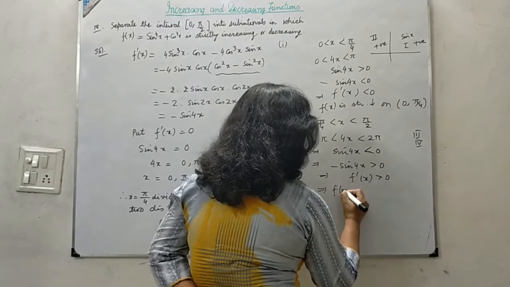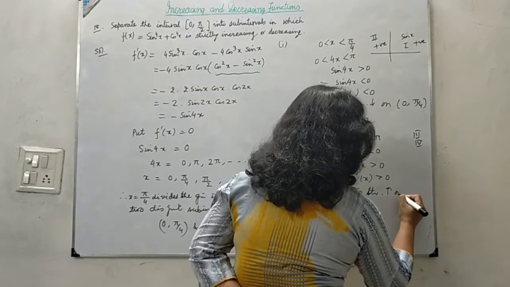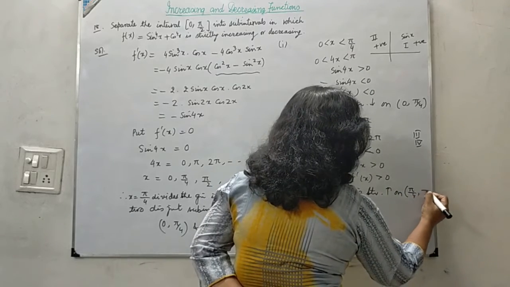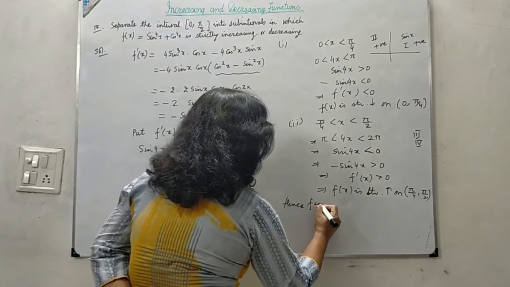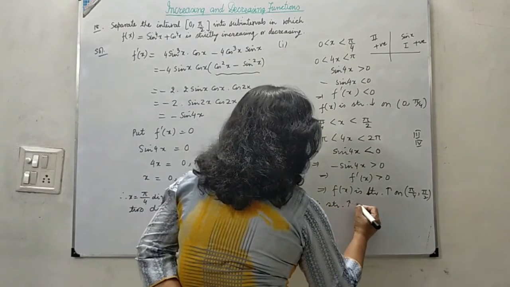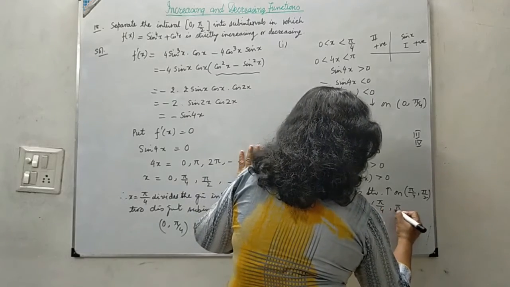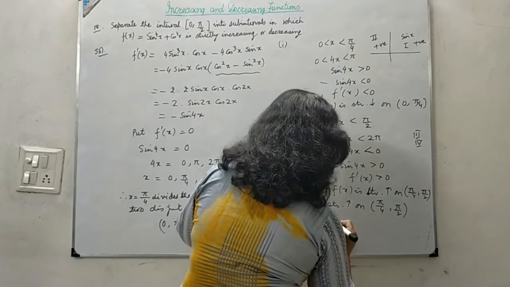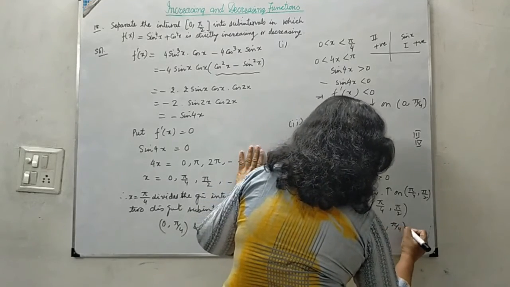So from here f x is strictly increasing on pi by 4 to pi by 2. Hence we conclude as the answer that the function is strictly increasing on pi by 4 to pi by 2 and strictly decreasing on 0 to pi by 4.